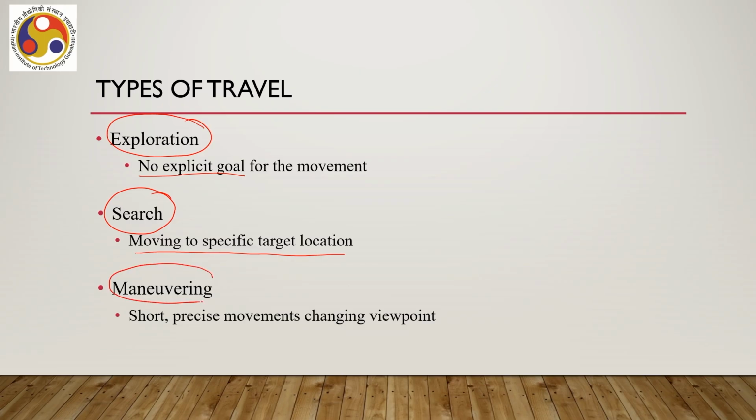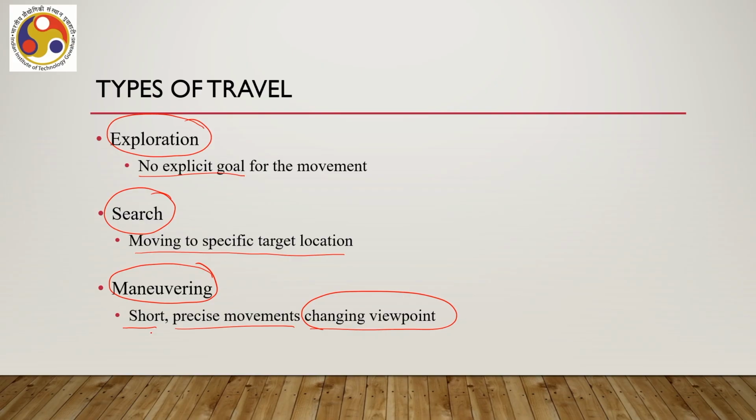Third technique is maneuvering. It essentially refers to short, precise movements changing the point of view or the viewpoint. So, when we are doing travel from one point to another, either we can do the traveling at one go, or we can travel as a combination of smaller, short, specific, focused travels.